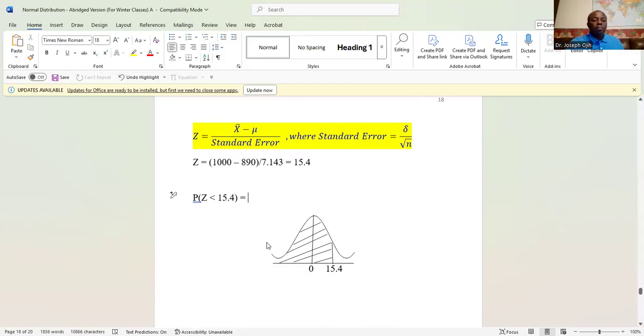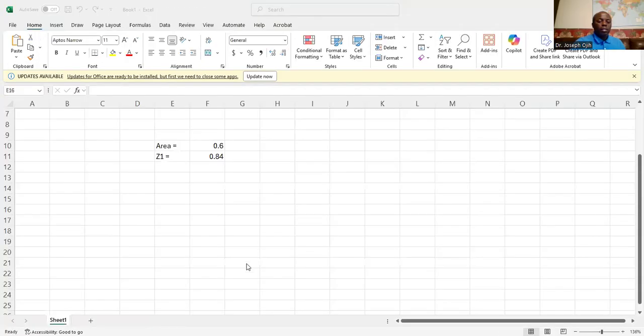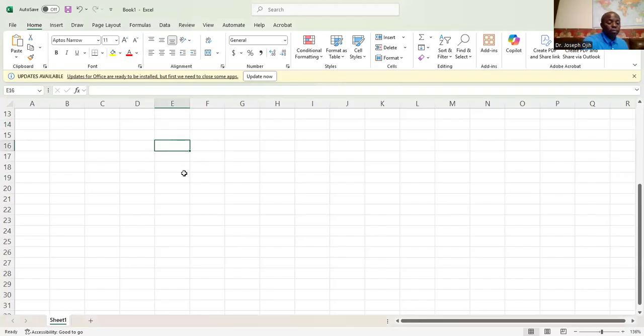You can see it. To avoid confusion, move it this way. Z equals 15.4.